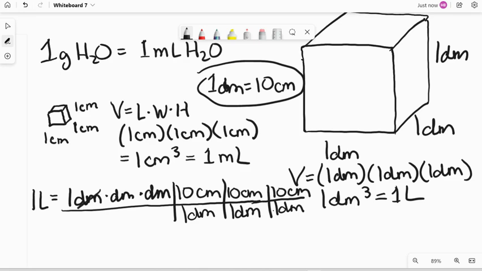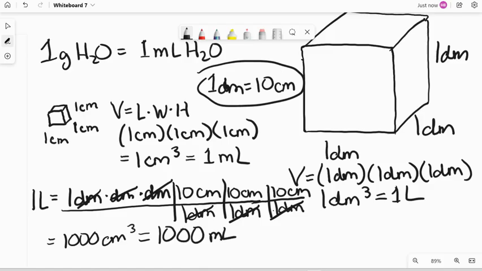That'll give me a chance to cancel all these decimeters out. And I'll get 1 liter is 1,000 centimeters cubed, or 1,000 milliliters. Isn't that a clever trick?